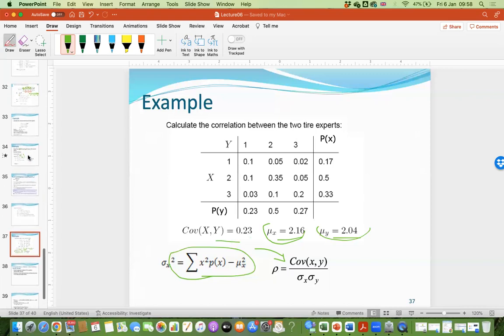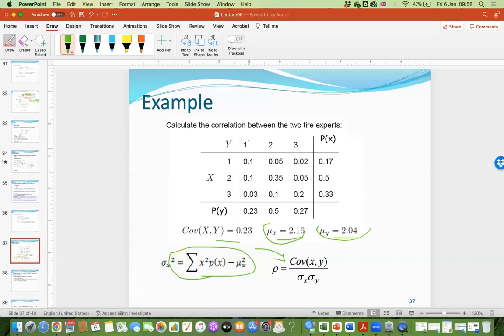To find the mean xy, it's 1 times 1 times 0.1 plus 2 times 1 times 0.05 plus 3 times 1 times 0.02, and you add all of them.